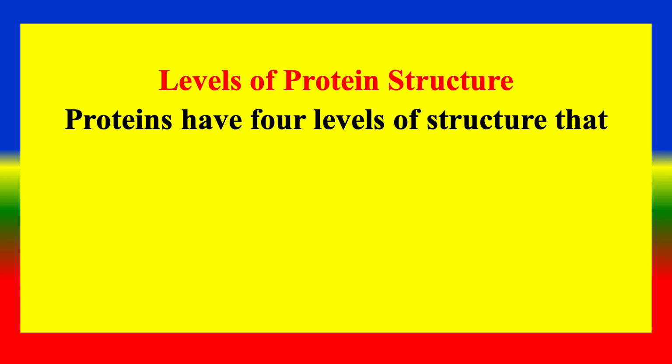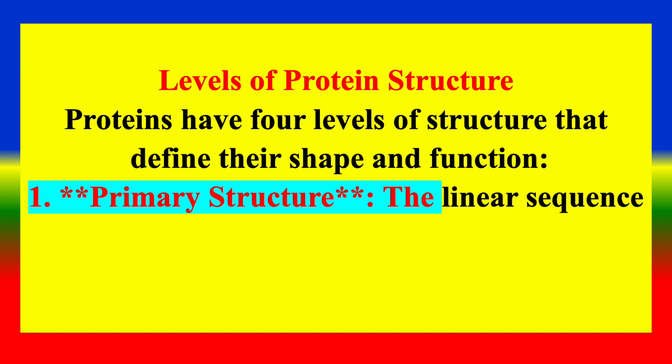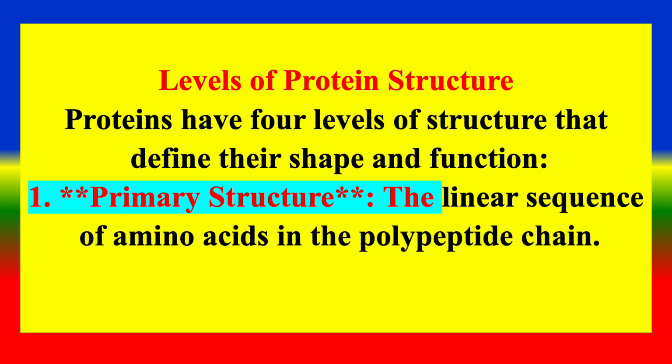Levels of protein structure. Proteins have 4 levels of structure that define their shape and functions. The primary structure is the linear sequence of amino acids in the polypeptide chain.